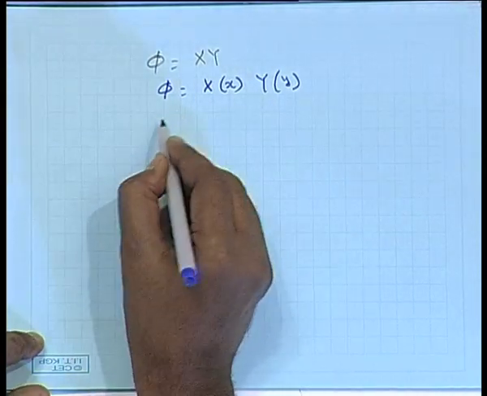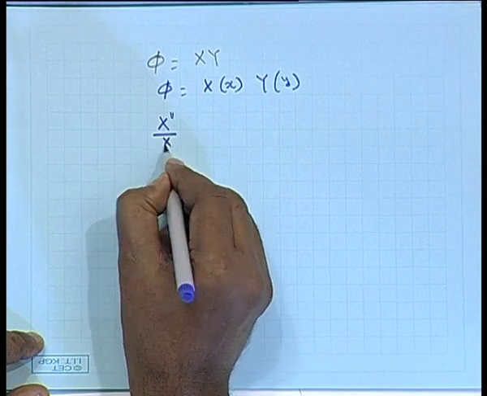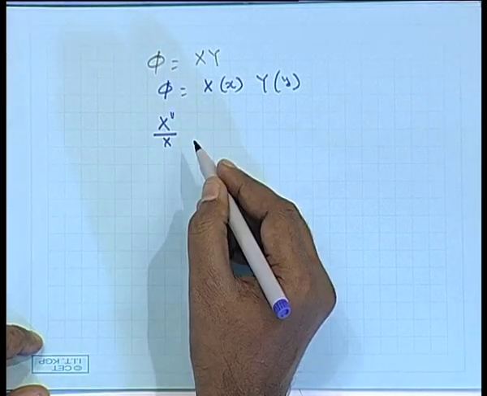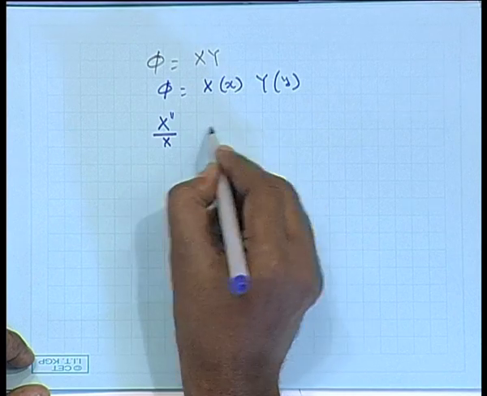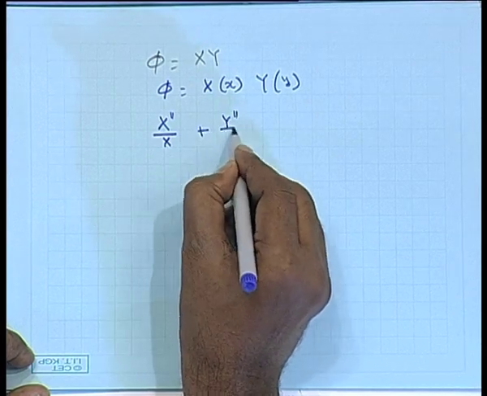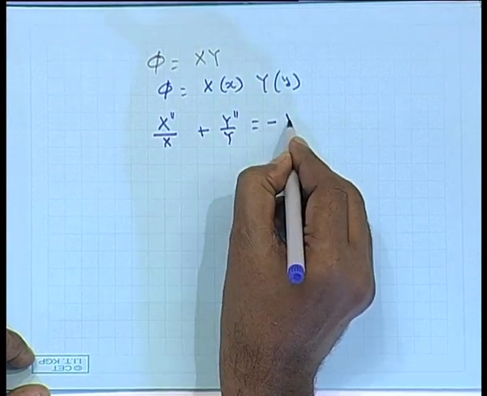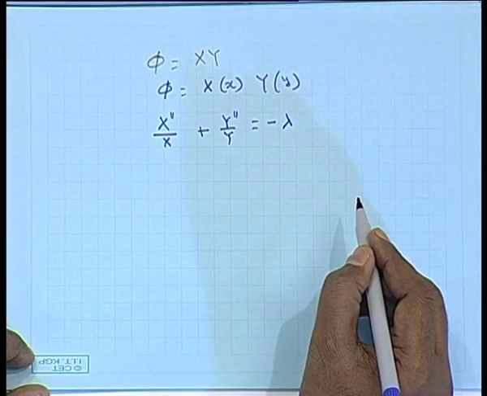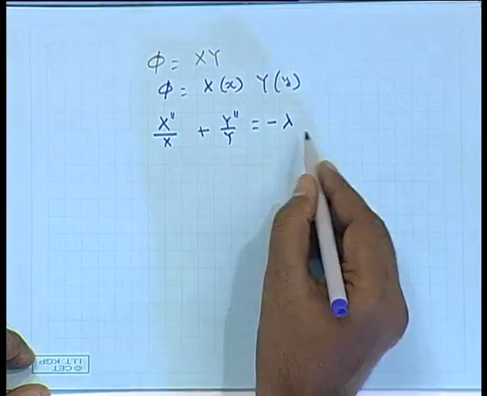What you get is X double prime by X, X double prime being nothing but d square X dx square, plus Y double prime by Y, and this should be equal to minus lambda. That is your governing equation.